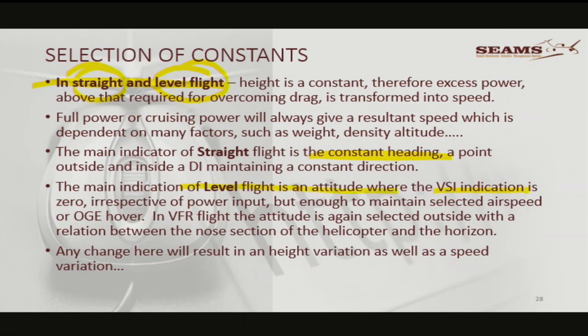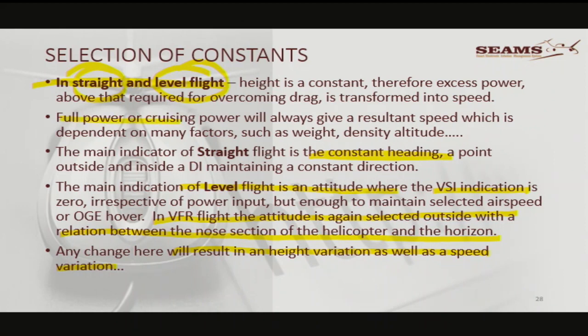Just through the VSI indication, irrespective of the power output, but enough to maintain the selected airspeed. In VFR flight, the attitude is selected outside with relation to the nose section of the helicopter and the horizon. Any change there will result in a height variation as well as a speed variation. A lot of things said here.